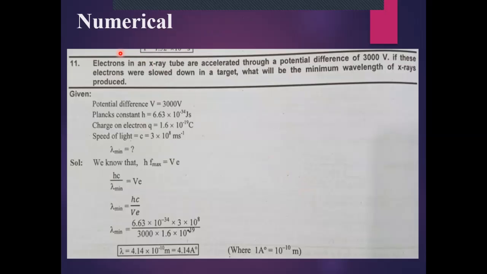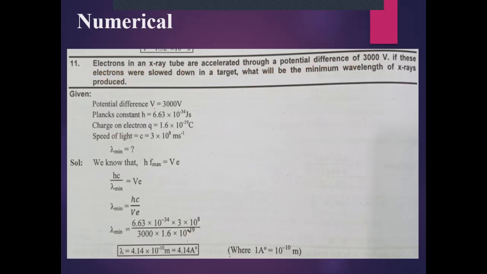Then, according to the smart syllabus, only the last two questions, which are numerical problems, are included. Question number 11: in an X-ray tube, the electrons are accelerated through a potential difference of 3000 volts.